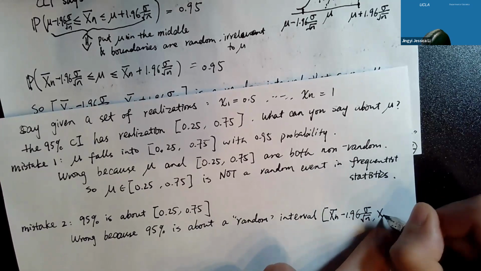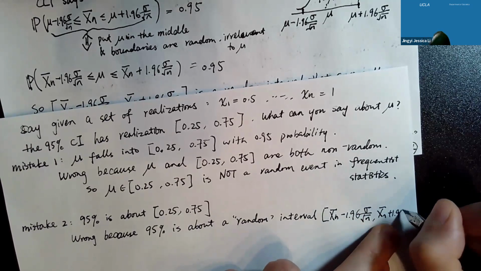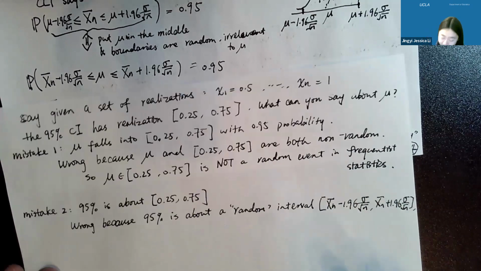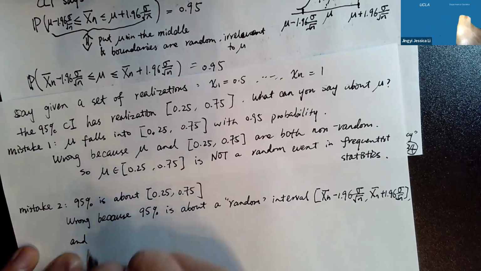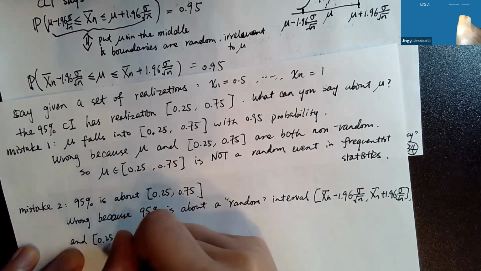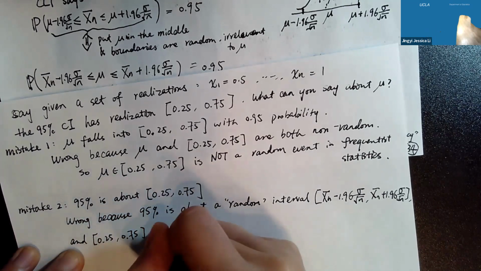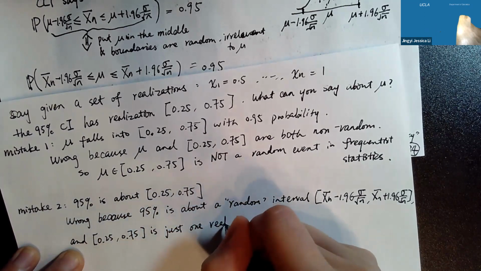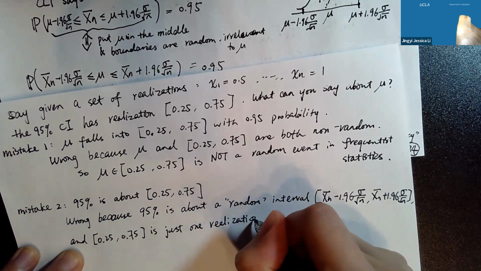It's about this random interval, and the interval we computed is just one realization of it.